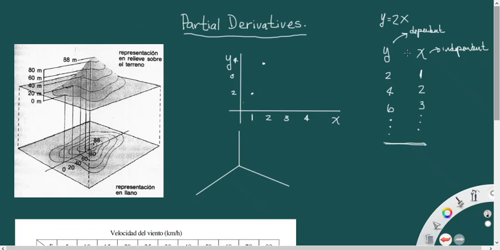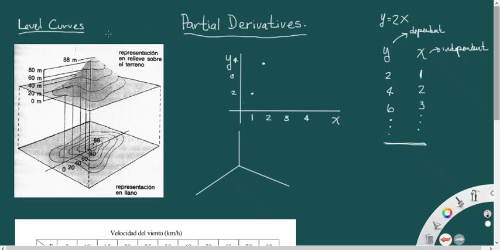Now, if we want to move to partial derivatives, then we need to start looking at multivariable relations. In this picture that I'm showing you, this is called level curves, or curvas de nivel.